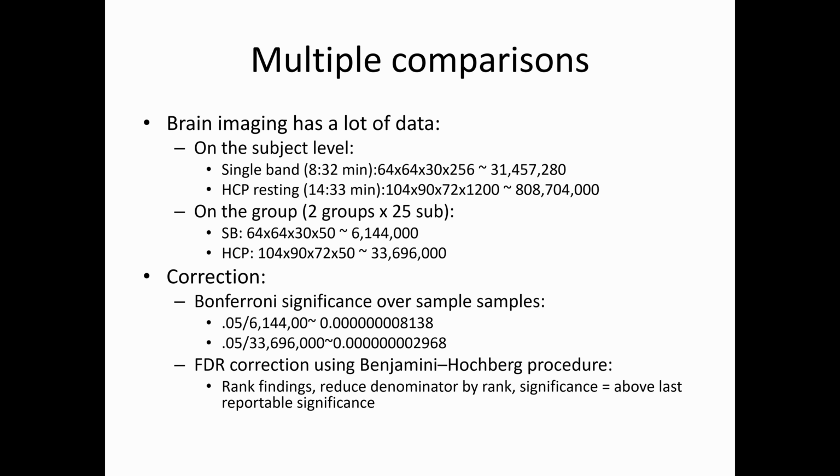One form of correction is an FDR correction. I won't get too much into it, but the basic idea is that, let's say that you had 5 tests you were doing. The first one you would correct with a Bonferroni correction, and you'd need to go above 0.01.